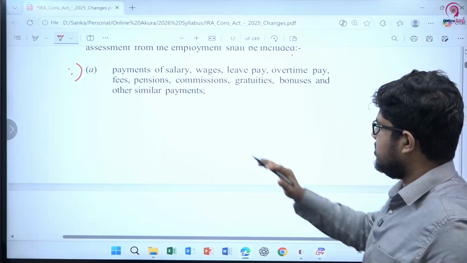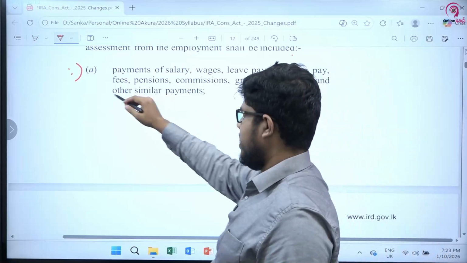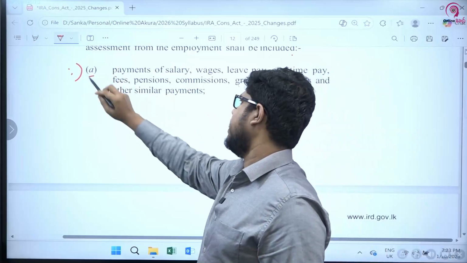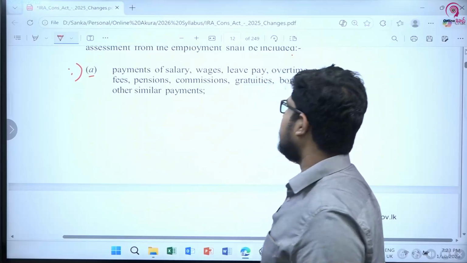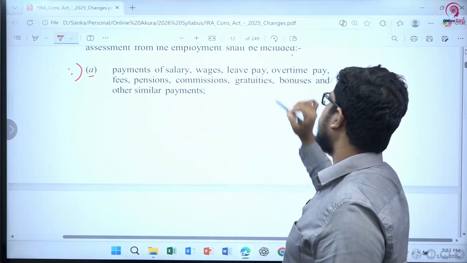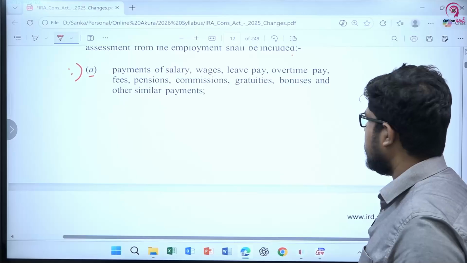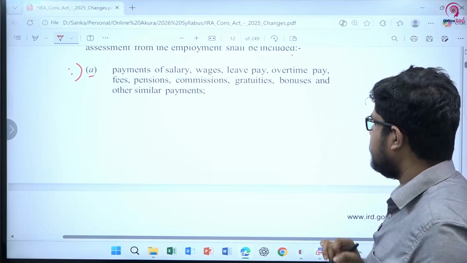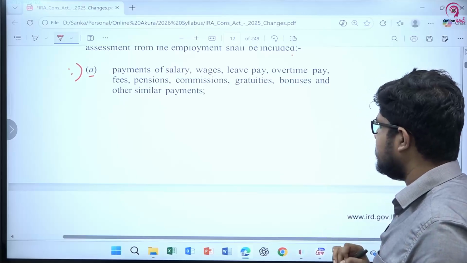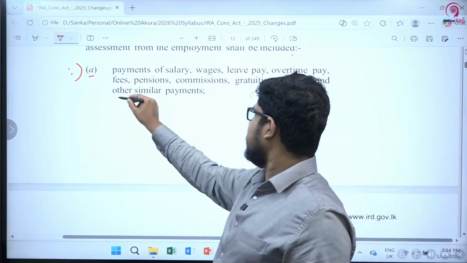They are giving a list. First one, A. We'll go by this A. Payment of salary, wages, leave pay, overtime pay, fees, pensions, commission, gratuities, bonus, and other similar payments.